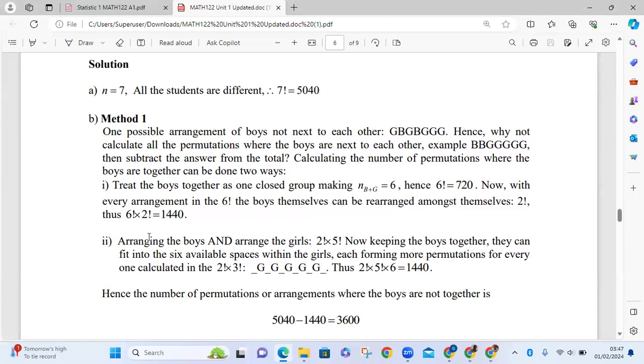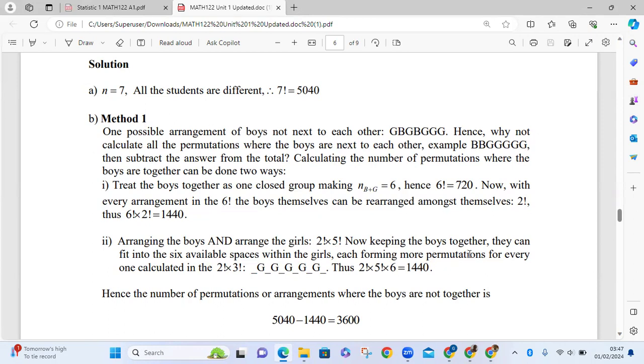Now, arranging the boys and arranging the girls. That's another way to arrange where the boys are next to each other. So that's like 2 factorial times 5 factorial.